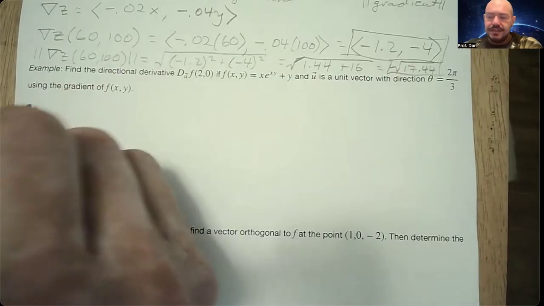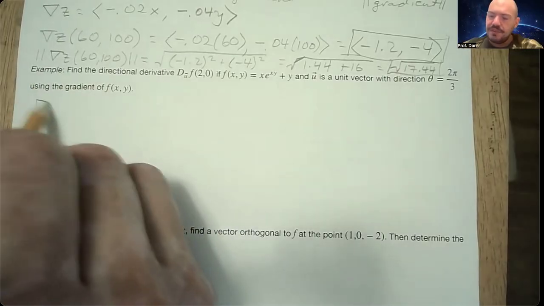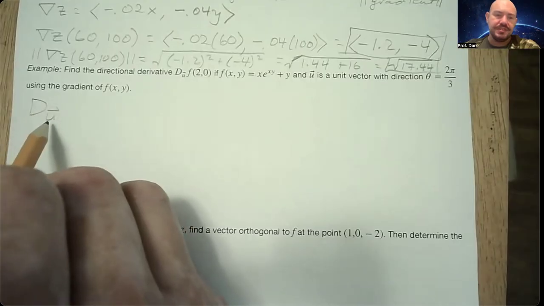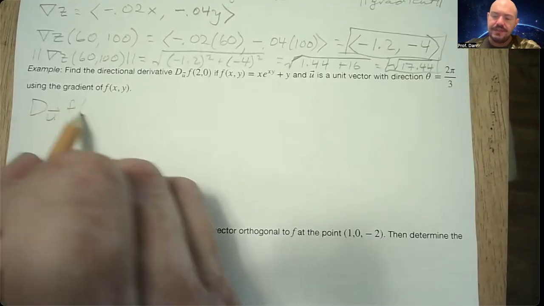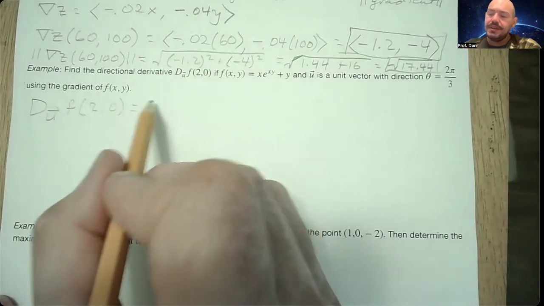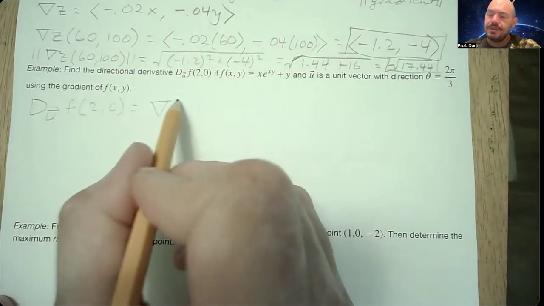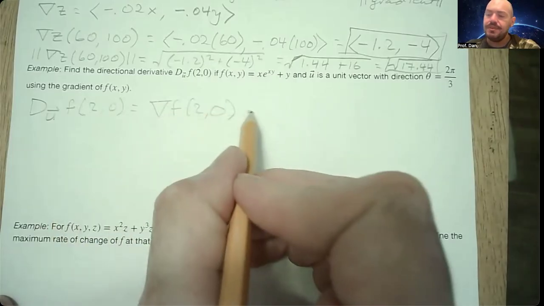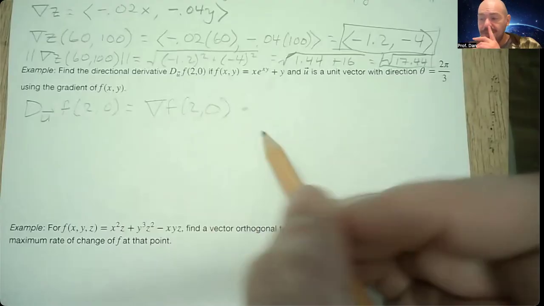So we know that directional derivative, so derivative in the direction of u of f evaluated at 2, 0 is going to be the dot product of del f evaluated at 2, 0 and the unit vector u.